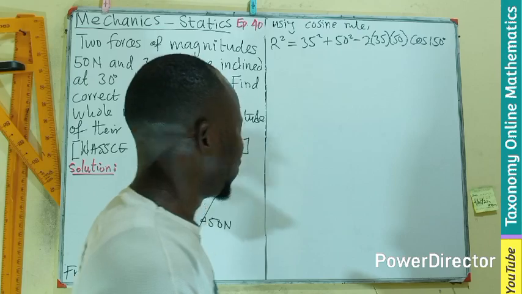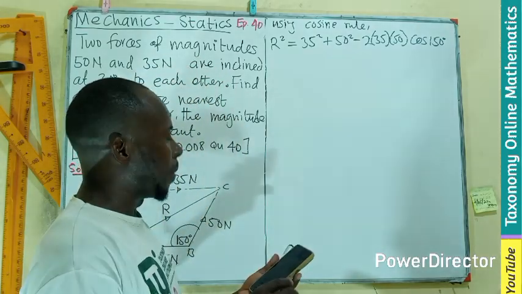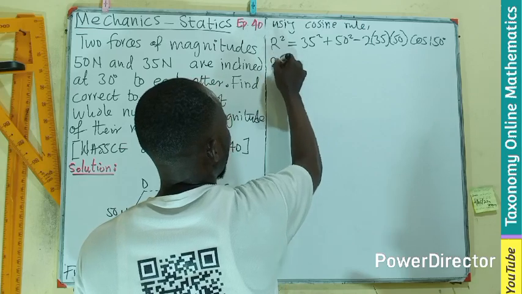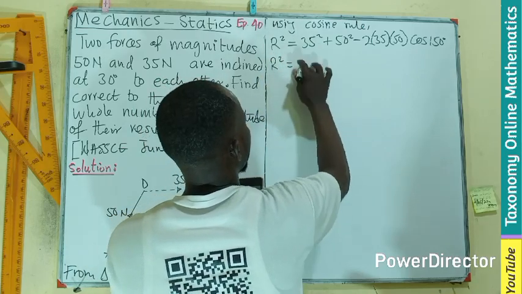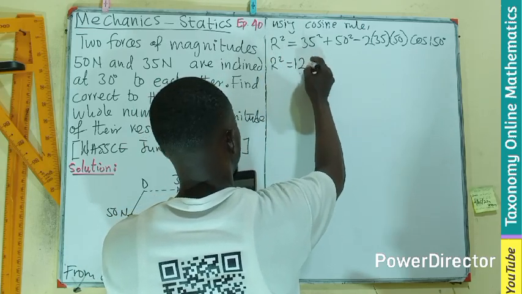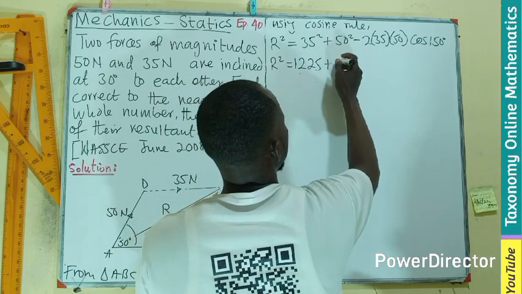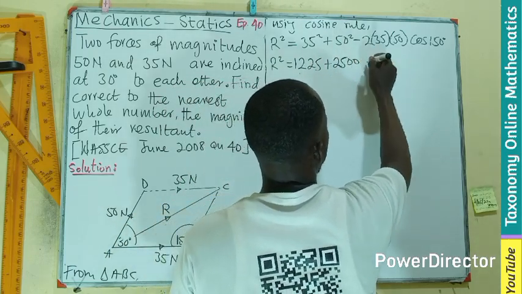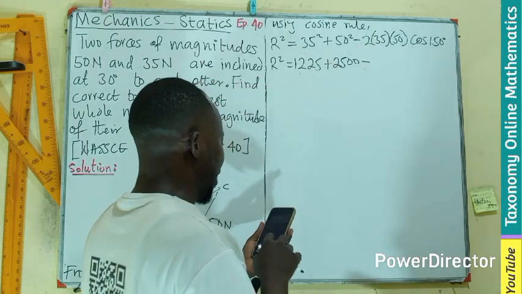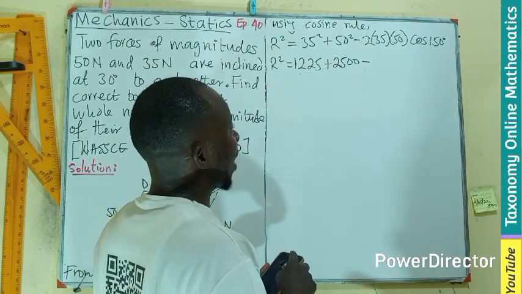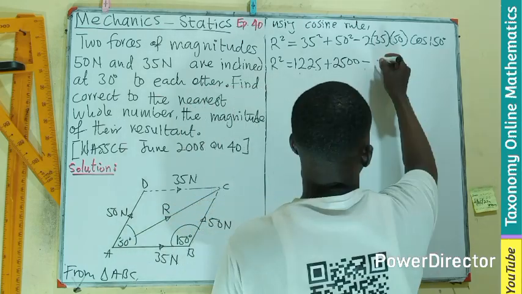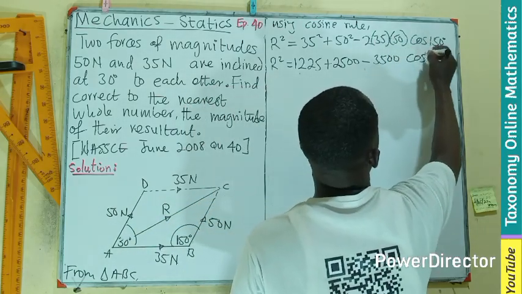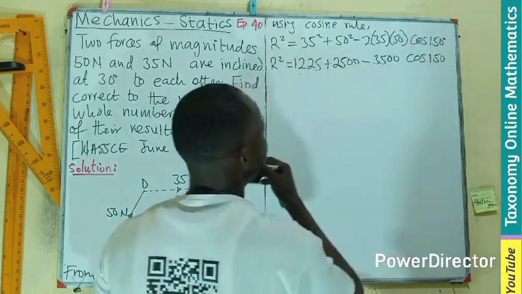So now let's find 35 squared. 35 squared gives us 1225. 50 squared is 2500. Let me maintain the minus for now. Then 2 times 35 times 50 gives you 3500, then the cos of 150.